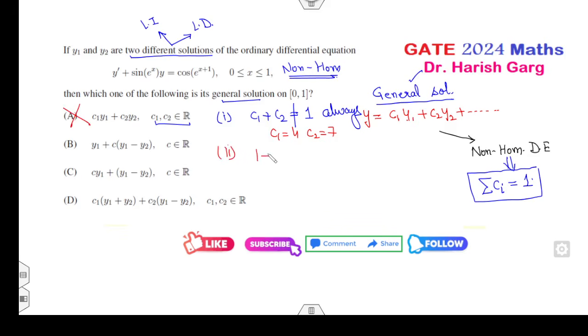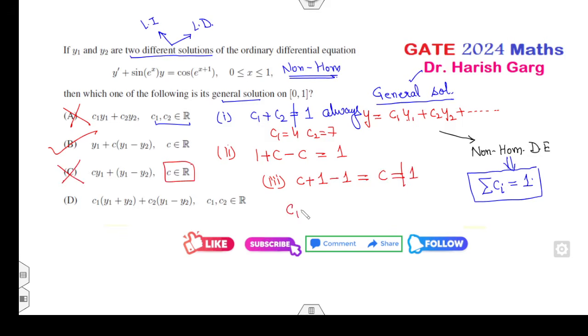Look at the second: coefficient of y1 is 1 plus c, coefficient of y2 is minus c, which sums to 1, always true. Third option: coefficient of y1 is c plus 1, coefficient of y2 is minus 1. Is it always 1? No, because c belongs to R.